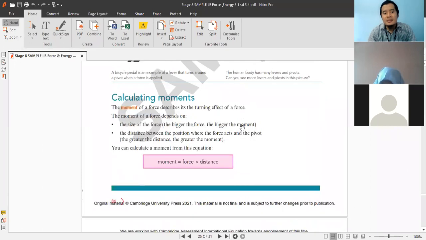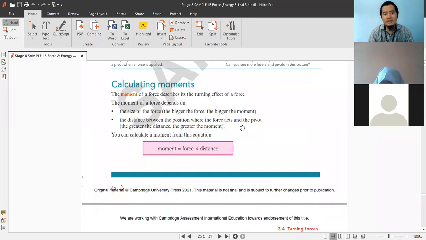Now, this is calculating moments. The moment of a force describes the turning effect of a force. The moment of a force depends on two things. The first is the size of the force: the bigger the force, the bigger the moment.